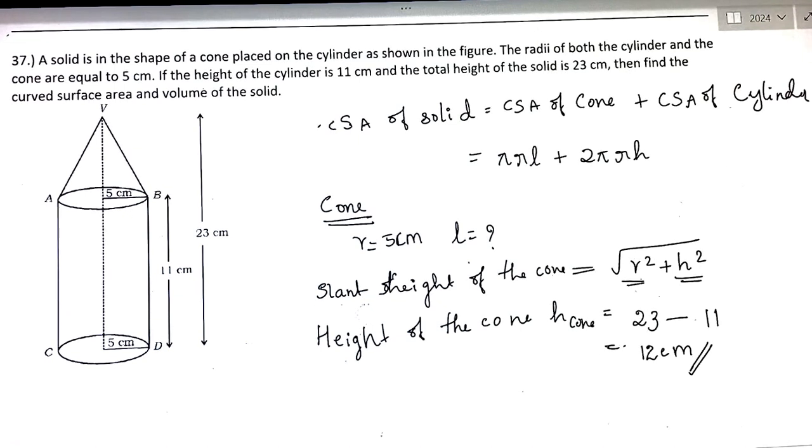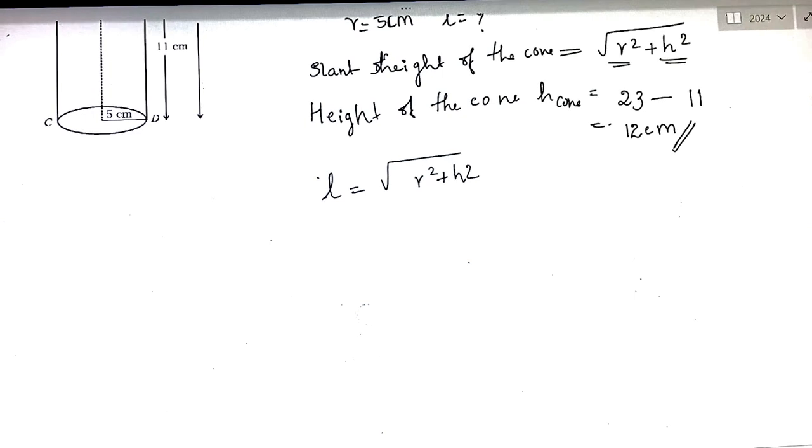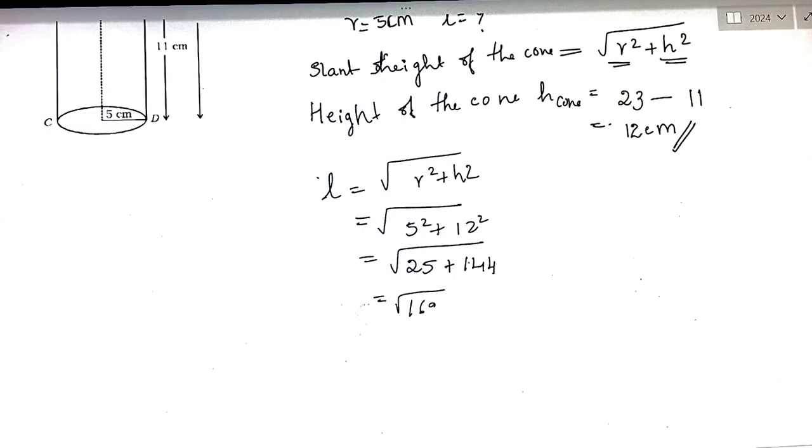Since we know the height of the cone, now we can find the slant height, that is the L value. L is root of r square plus h square. We know r is 5, so 5 square plus h, which is 12 square. 5 square is 25 plus 144, that is root of 169.